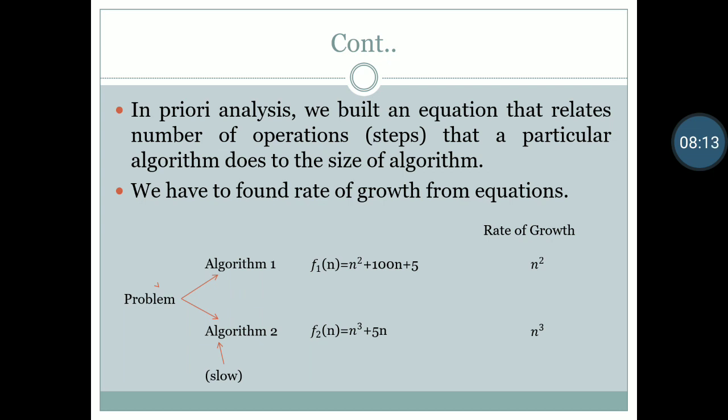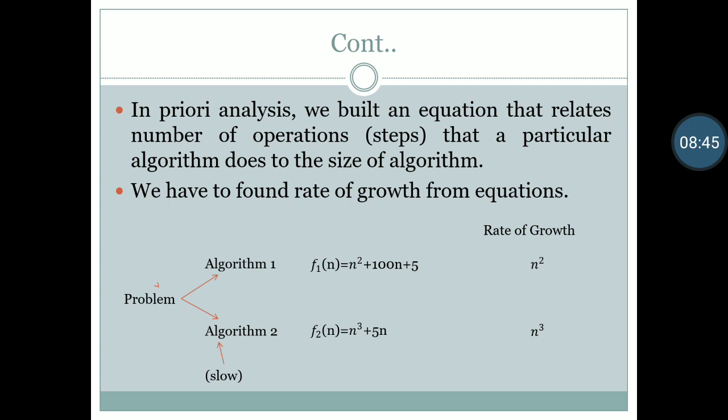For example, we have a problem, and for the solution of that problem we have two algorithms, algorithm 1 and algorithm 2. For solving them we will make an equation from each algorithm. For algorithm 1 we have the equation n power of 2 plus 100n plus 5, and for algorithm 2 the second equation is n power of 3 plus 5n.